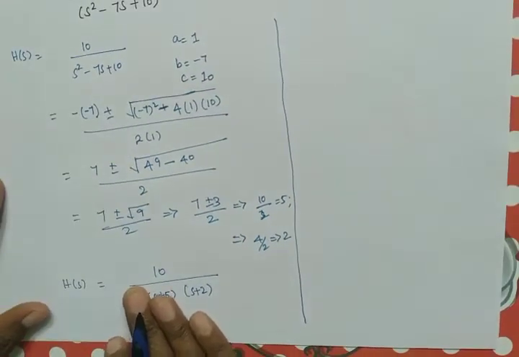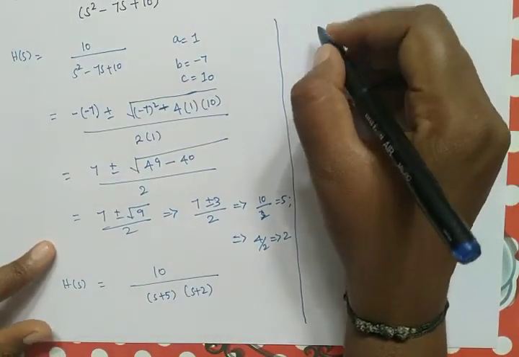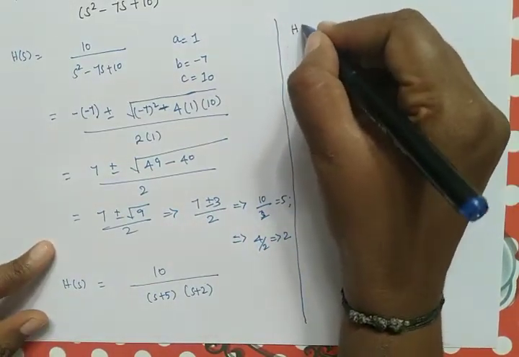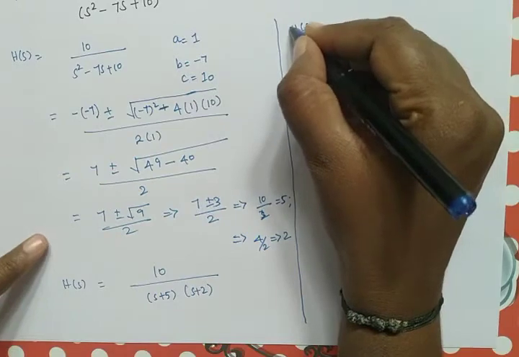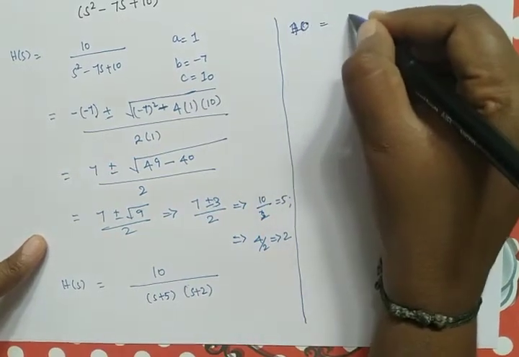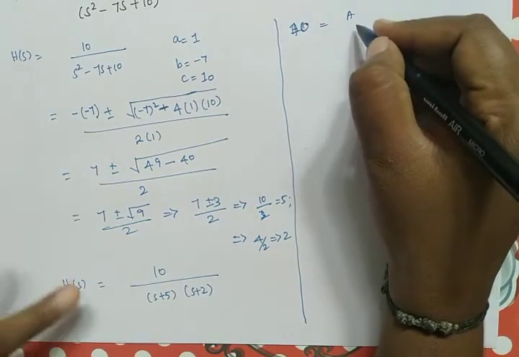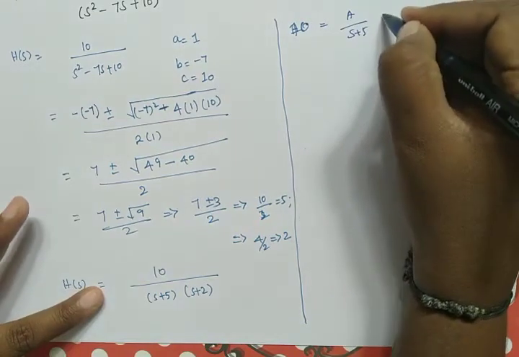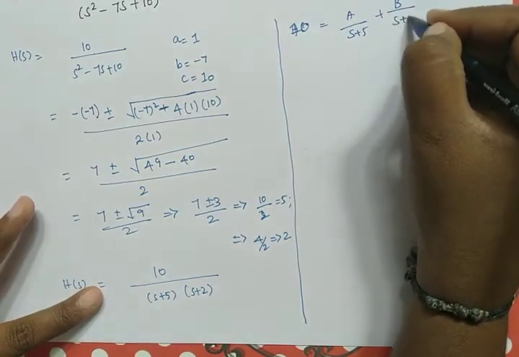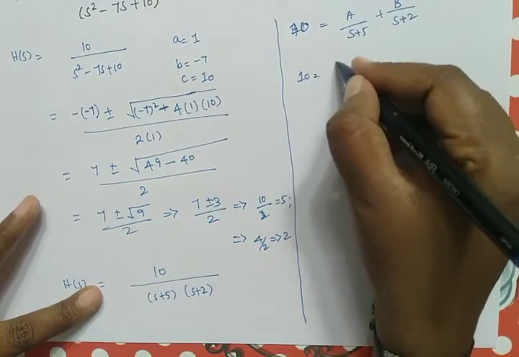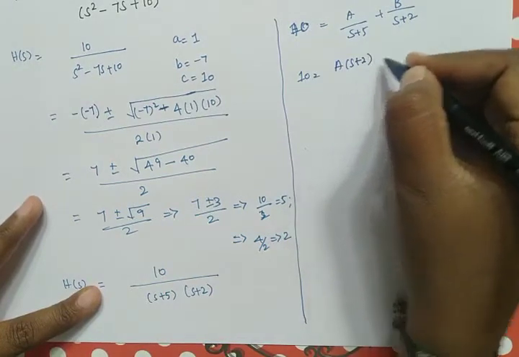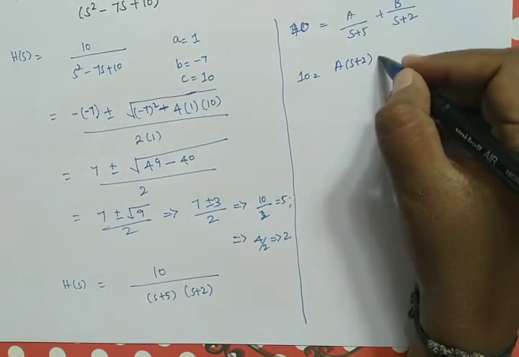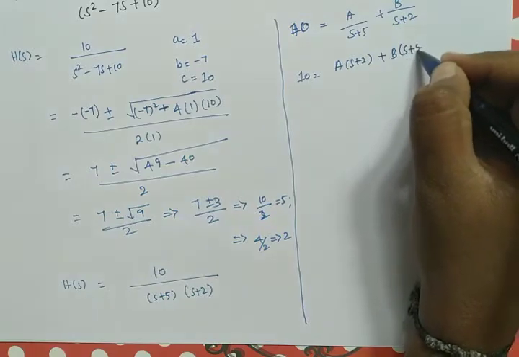Now we have to find the values. We can write directly 10 is equal to A by s plus 5 plus B by s plus 2. Therefore 10 is equal to A into s plus 2, plus B into s plus 5.